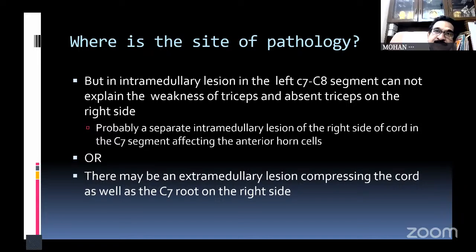That means there may be a mild posterior column involvement. Or there may be another associated peripheral neuropathy. We do not know that. Unlikely to be peripheral neuropathy, because reflexes are all retained in the lower limb. So there may be some compromise of the posterior column also in the spinal cord.